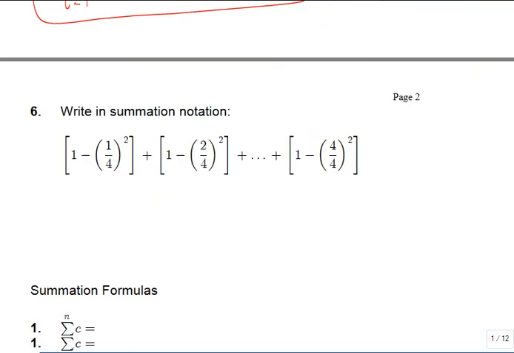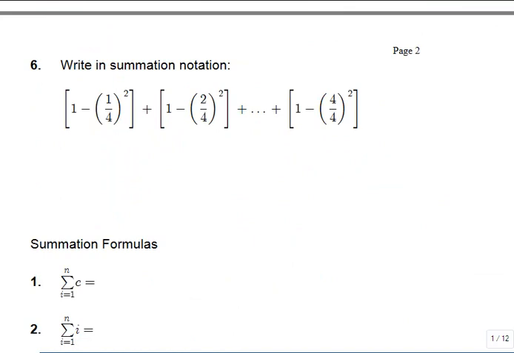And that's it. Let's try another one. Write in summation notation the sum of all of these. So again, look for where the numbers are changing, and that's going to be where you put your i. So when I look at this, this is a 1, then a 2, and then it ends at a 4.